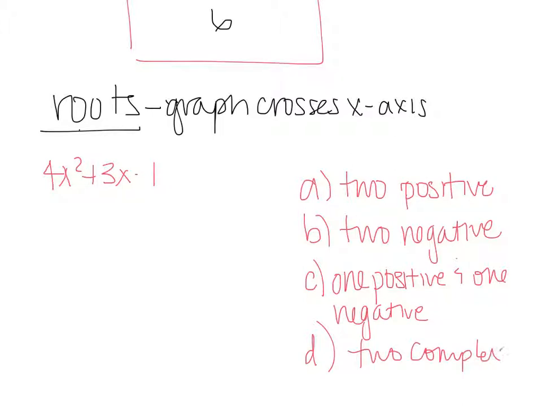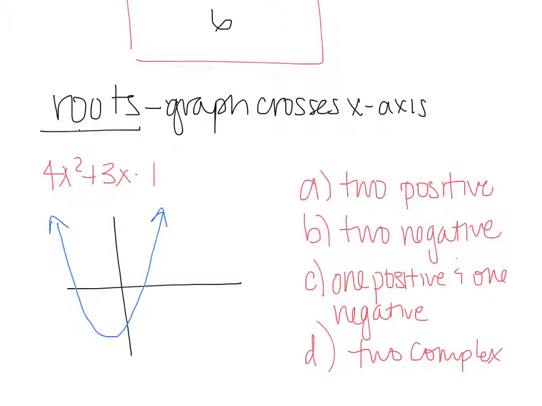In order to figure this out, we actually have to graph this equation. So we're going to go to y equals, and we're going to graph 4x squared plus 3x minus 1. And we're going to see what that graph looks like. So I'm going to sketch the graph for you. When you graph it, your graph should look something like this.